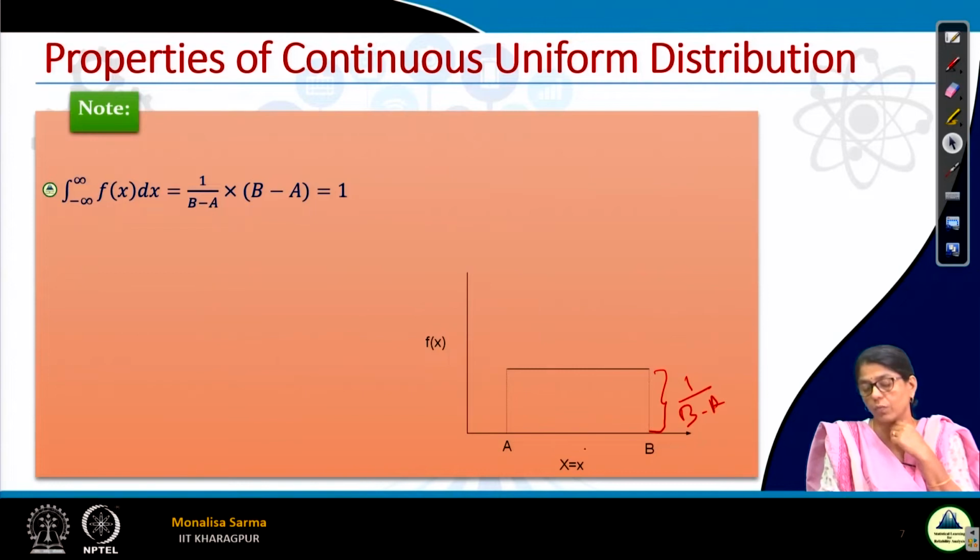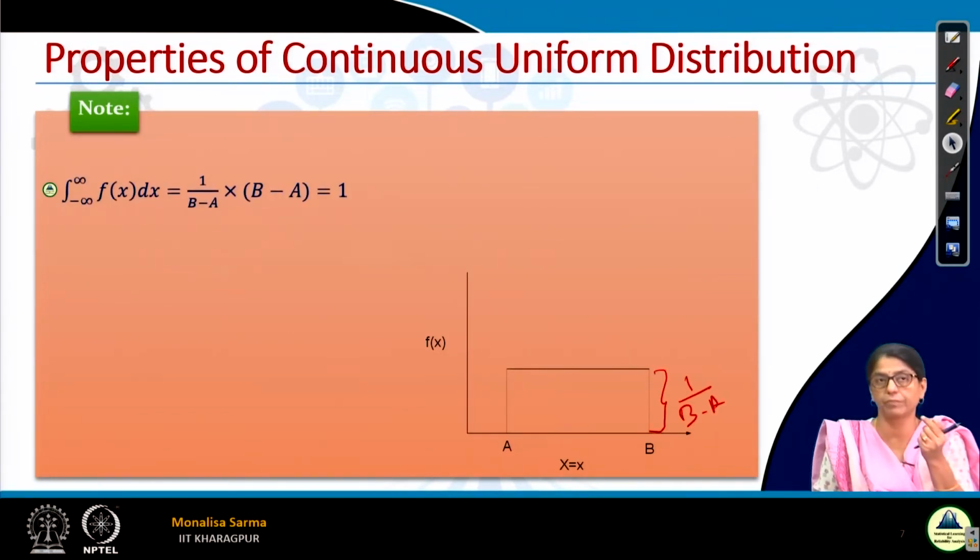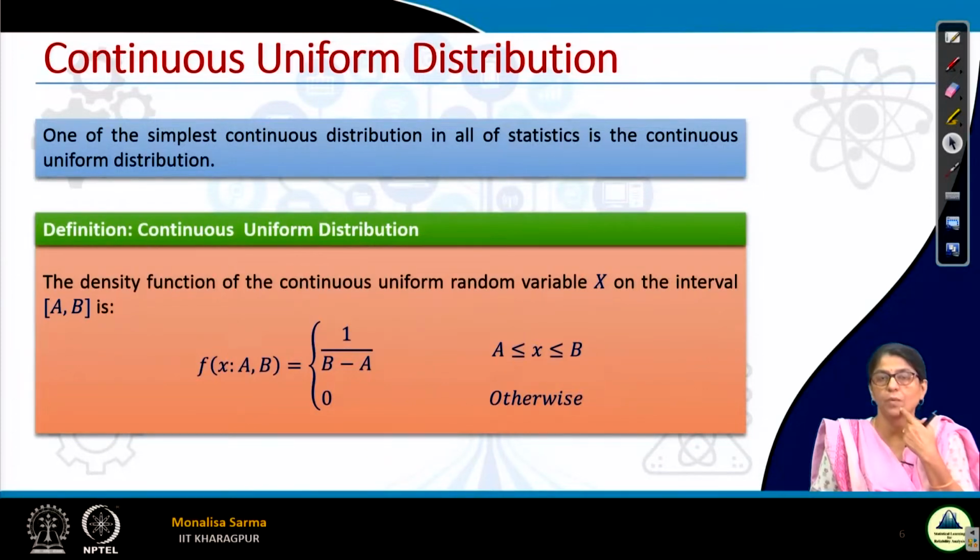Because the total length is b minus a, I have to multiply it by 1 by b minus a. That directly gives me not the probability, but the density function, f(x). Mind it, it is f(x). So my f(x) is 1 by b minus a for x ranging from a to b, and in other areas it is 0.